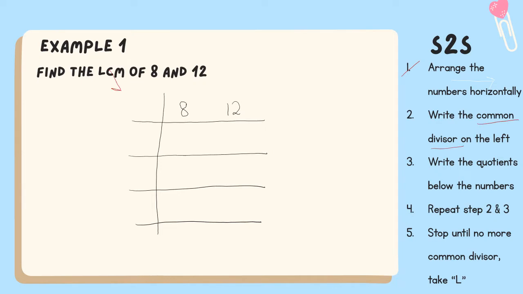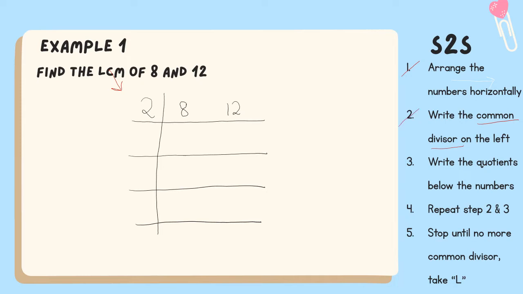So you're going to write the common divisor on the left. Common divisor here means where 8 and 12, you can divide them with the same number. The trick is when these two numbers are even numbers, you can actually start off with as simple and as small as number 2. That's step 2.